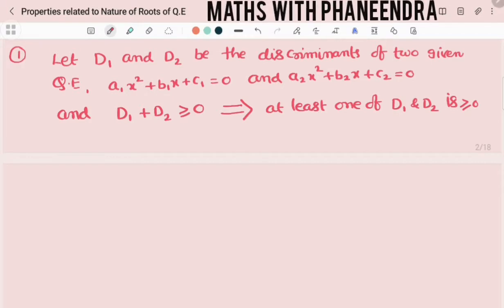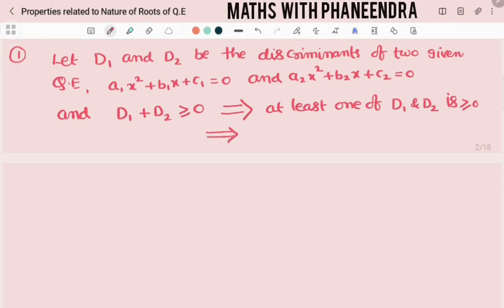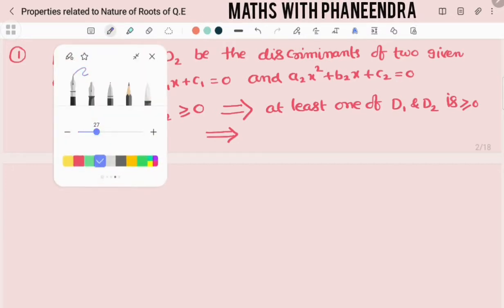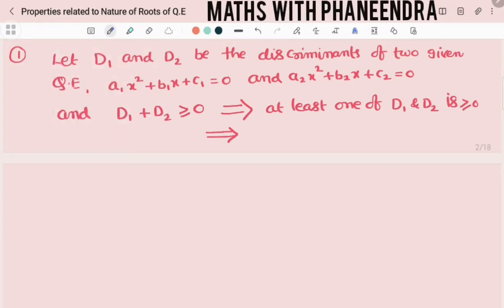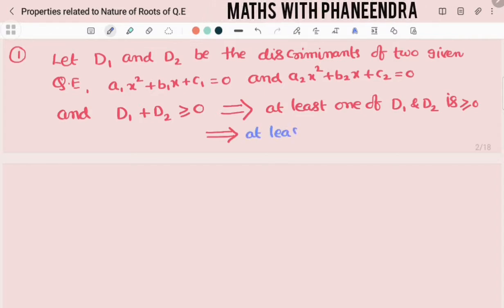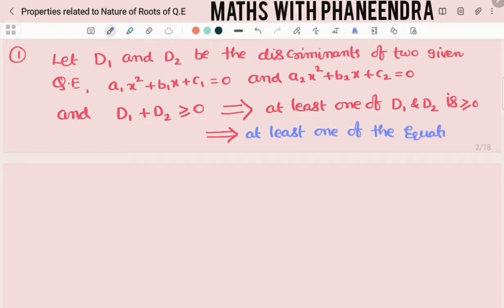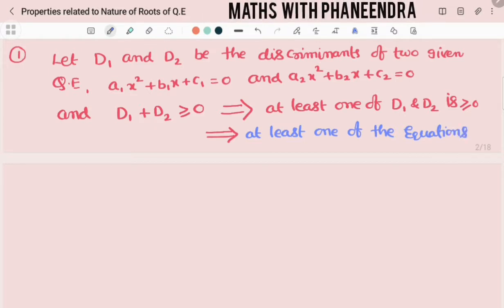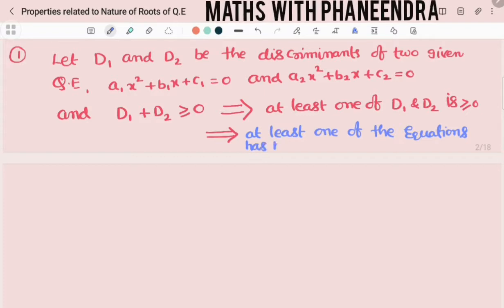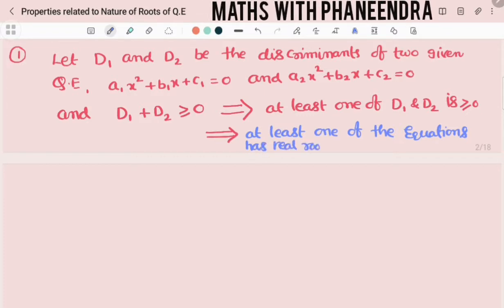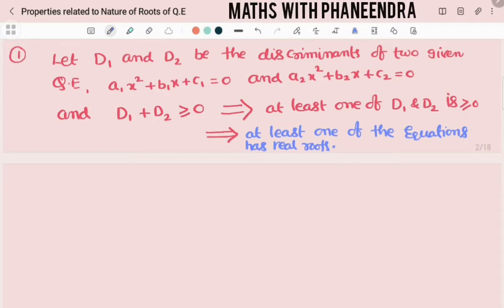In this situation, at least one of the equations has real roots. This is the important property.